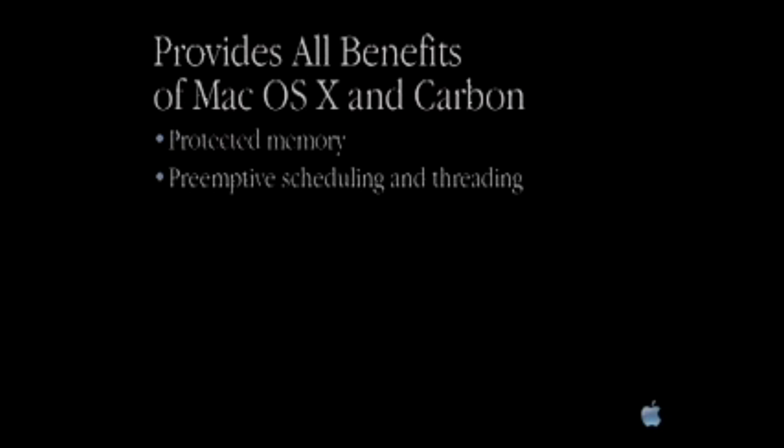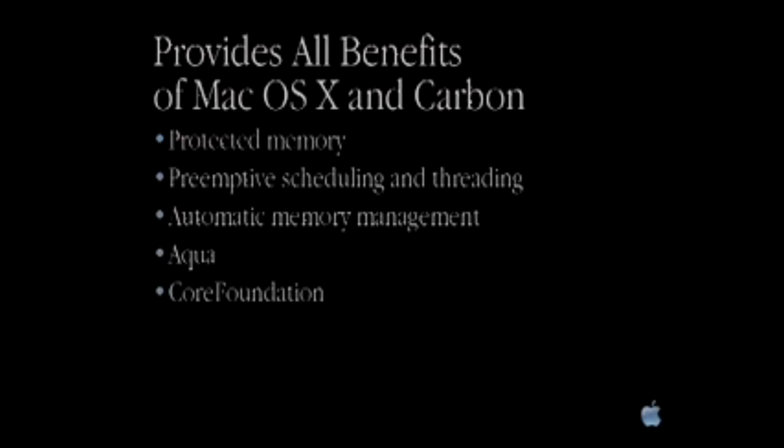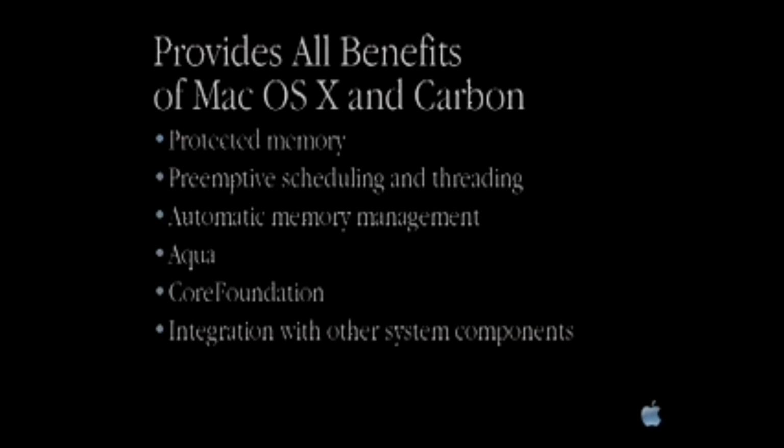So first and very simply, Cocoa supports all the things that macOS 10 supports and Carbon supports, right? So all the heavy hitters in here, including really good integration with other system components. But the great part about Cocoa is it really accelerates your development. It makes it so you can develop applications much faster. How does it do this? Well, one way is it's object-oriented.